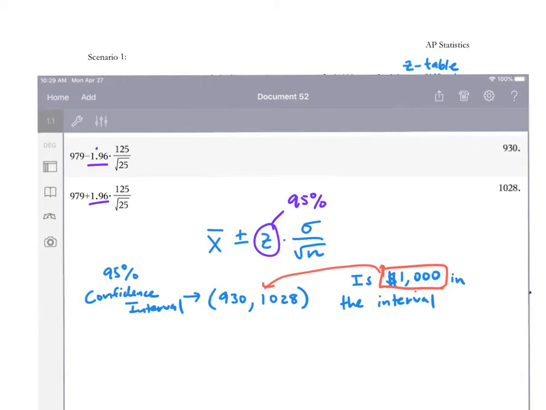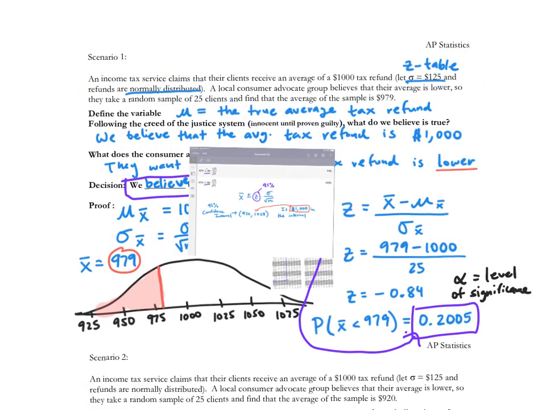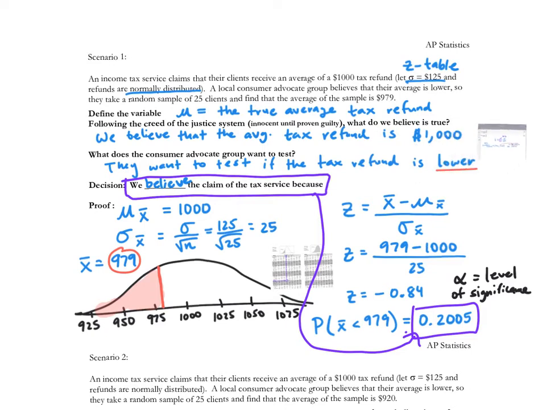So then that gives us a conclusion that we can also, again, believe the claim of the company. Okay, so we can check it through confidence intervals, but the main way that we're going to use for this method, the main way of checking, is finding the probability. Okay.